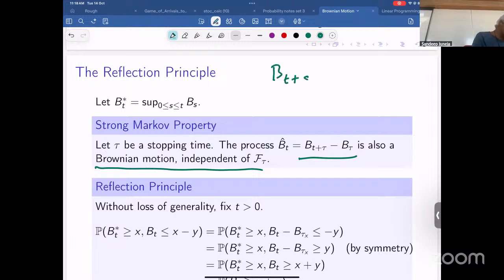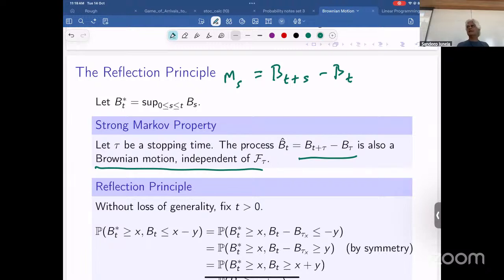B of t plus s minus B of t, let's call this M of s. You can see that M of s is actually a Brownian motion by itself. M of 0 is 0, M of s has continuous paths, the increments of M of s are independent, and they have a Gaussian distribution. So M of s is a Brownian motion for sure.